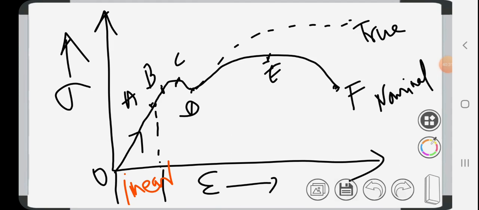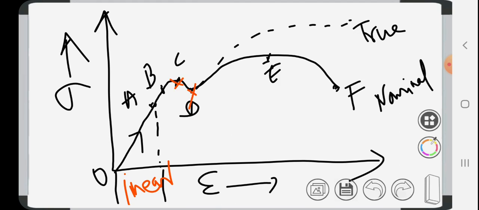What is meant by yield points, upper yield point and lower yield point? This means that the material starts to yield to the applied force. Yield means it starts to deform plastically. So there are two yield points.